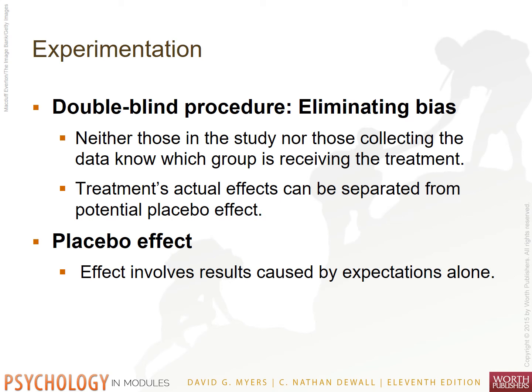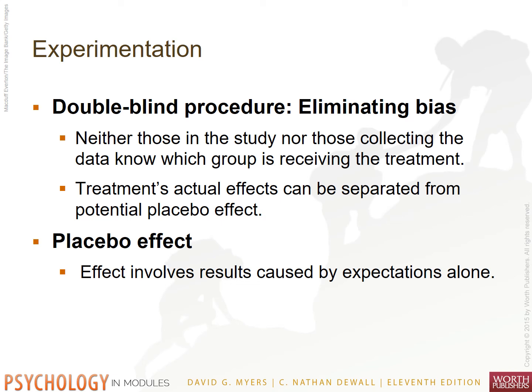And all of these variables, whether it be gender or socioeconomic status or intelligence or social skills, etc., are possible confounds. And they blur the effect of the antidepressant compared to the placebo.